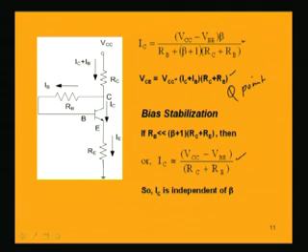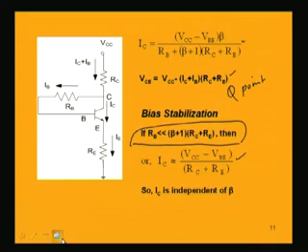So here we are getting rid of the beta term. We have made IC independent of beta provided we keep RB very small compared to (beta plus 1) into (RC plus RE). You have to design the circuit keeping this criterion in view, and only when it is met can the collector current IC be made insensitive to beta.